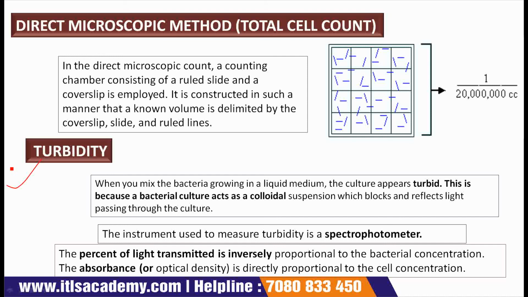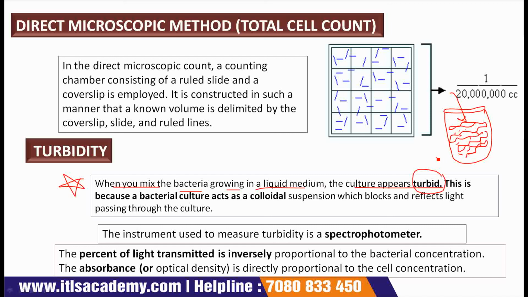Another term is turbidity. When you mix the bacteria growing in a liquid medium, the culture appears turbid. Turbidity is a phenomenon in which, if a liquid medium is present and you pour cells in this medium, it will look turbid, or we can say it will have less visibility.